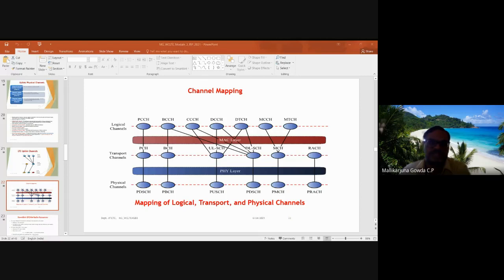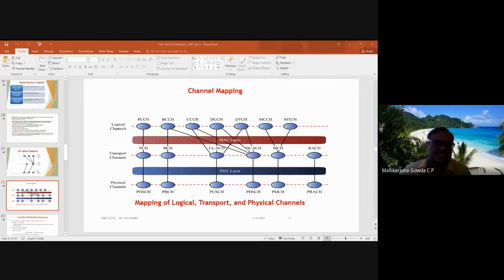Broadcast control channel, common control channel, dedicated control channel, and dedicated traffic channel, these 4 are all associated with the downlink shared channel. The common control channel, dedicated control channel, and dedicated traffic channel are associated with the uplink shared channel. The multicast control channel and multicast traffic channel are mapped to the multicast channel.